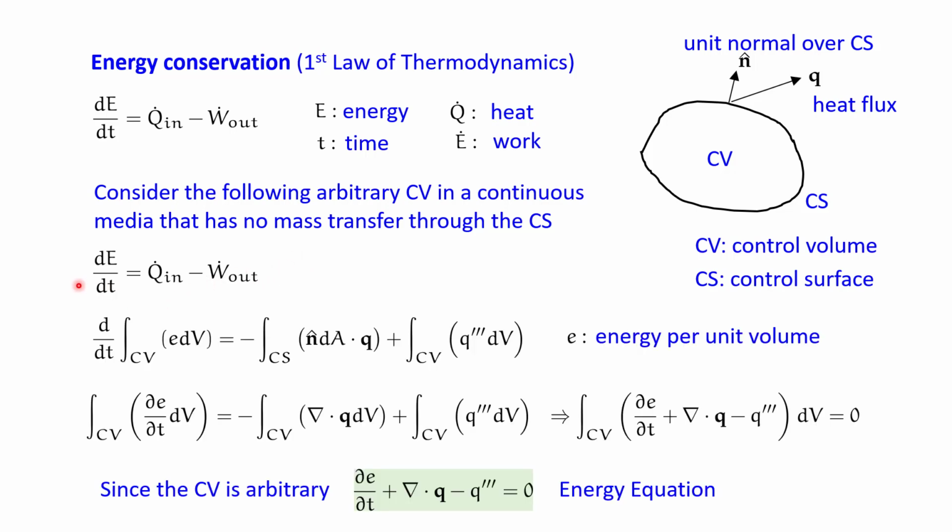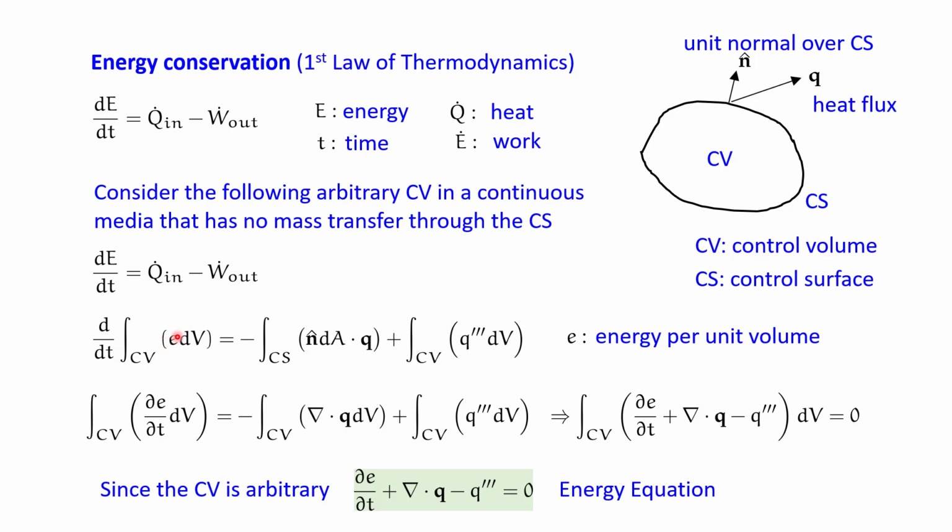So we write the energy equation, that is dE/dt is Q dot in minus W dot out, and then this capital E we write as the integral over CV of e dV, where e is energy per unit volume.